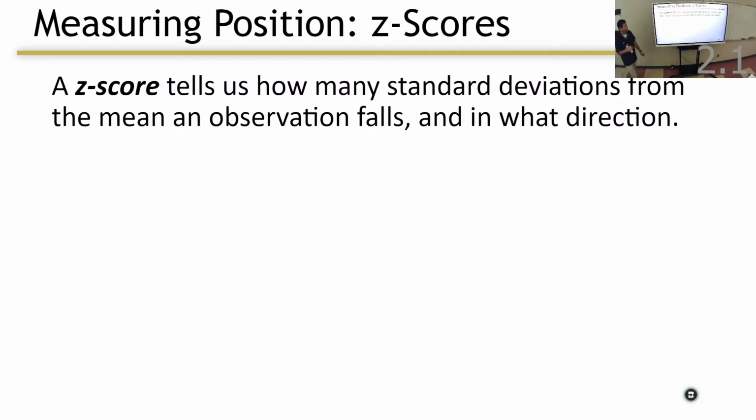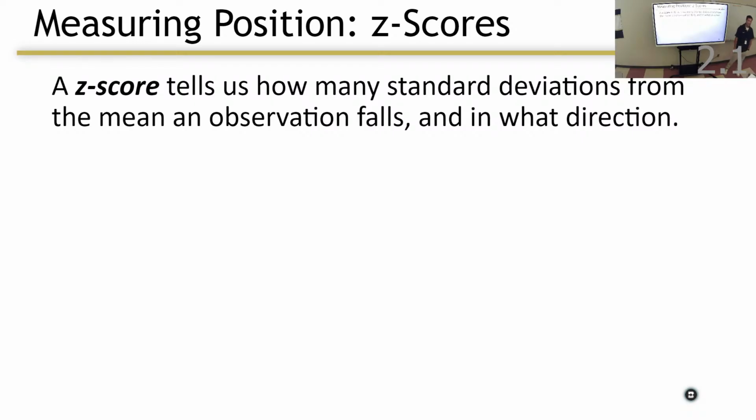Here's the definition. A z-score tells us how many standard deviations from the mean an observation falls. I think I said it backwards.